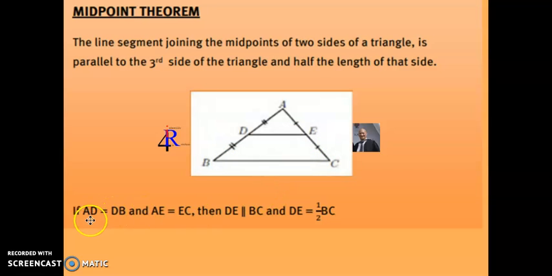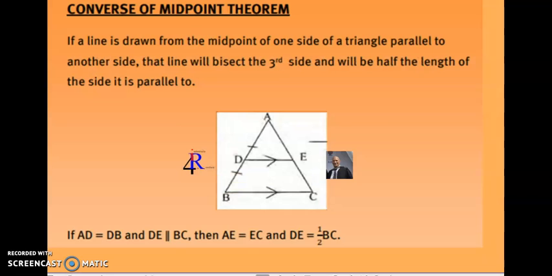We express it in symbols. If AD is equal to BD and AE is equal to EC, then DE is parallel to BC and DE is half of BC.